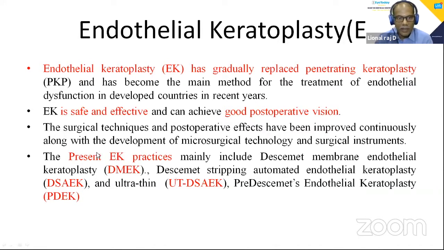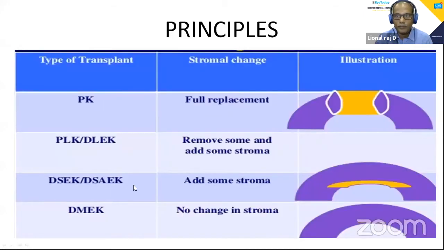There are several varieties of EK, like DSEK, then the automated one, then the ultra thin one, the DMEK, what Dr. Siddharth said, and a little about PDEK, what I'll be discussing today.